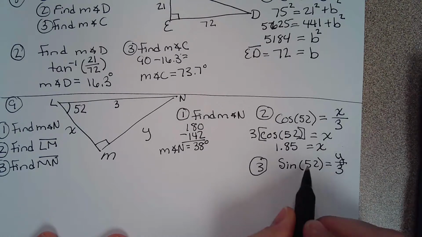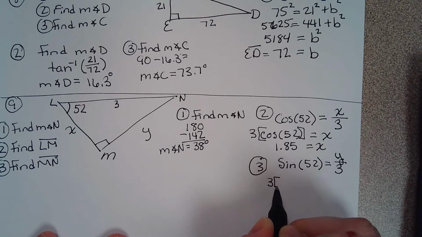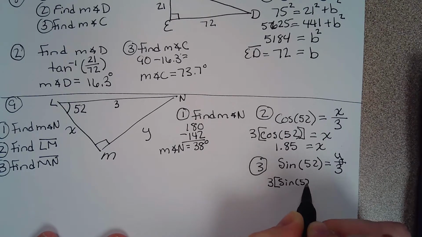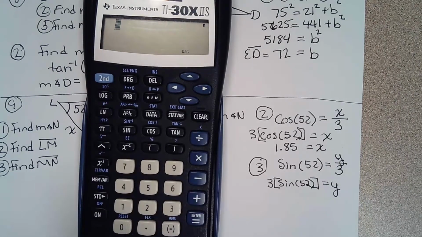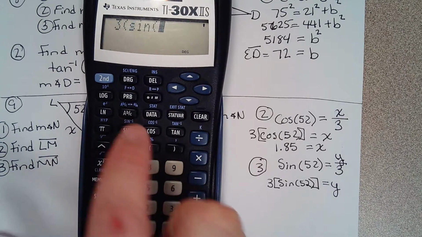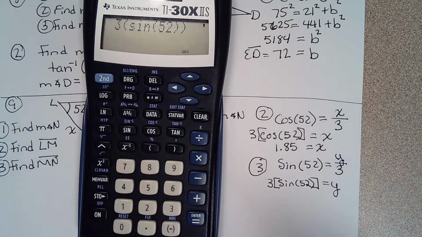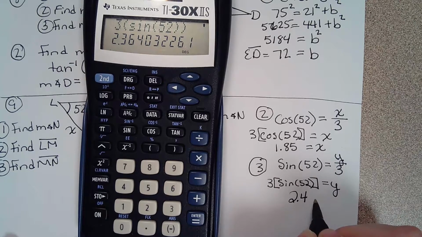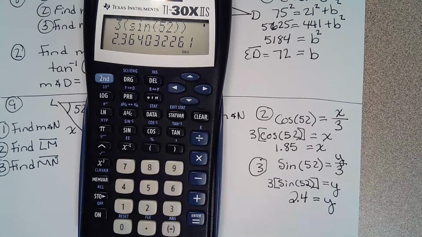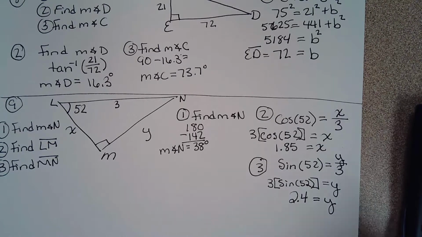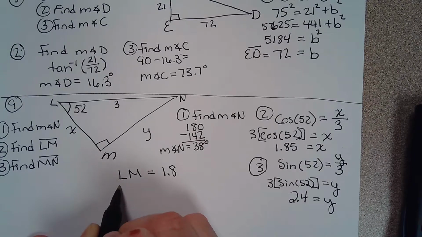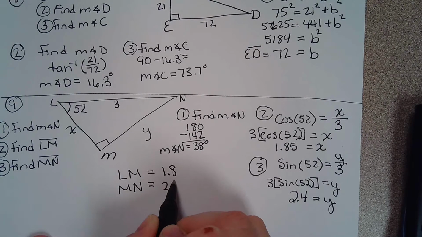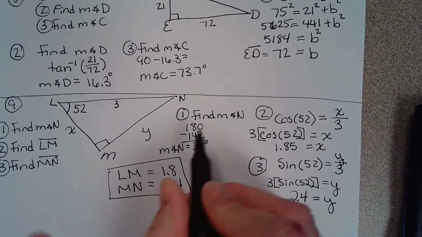So for this one, you're going to do 3 times sine 52, and that's going to give us our y. So when I put this in my calculator, we are going to do 3, parenthesis, sine 52, and we get 2.4 equals y. So now we have our 2 missing sides. We know that LM is 1.8 and MN is 2.4, along with our angle that we have here.